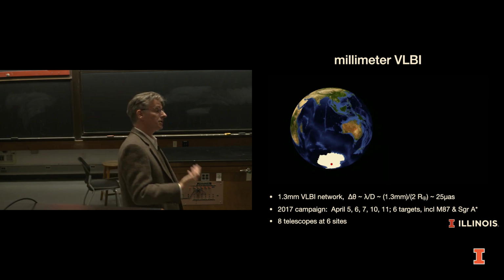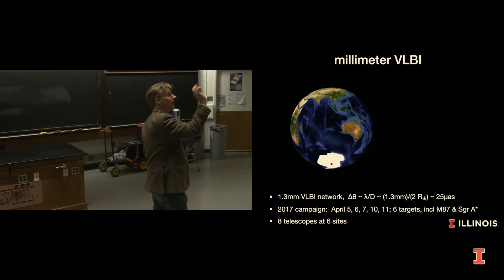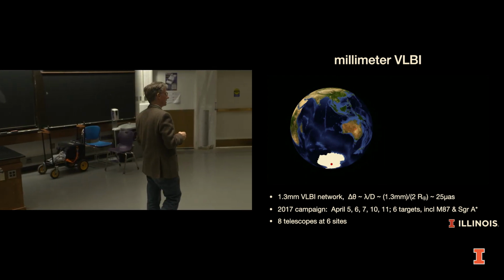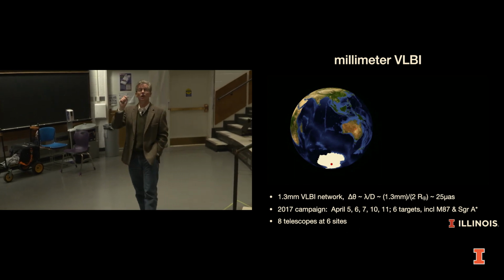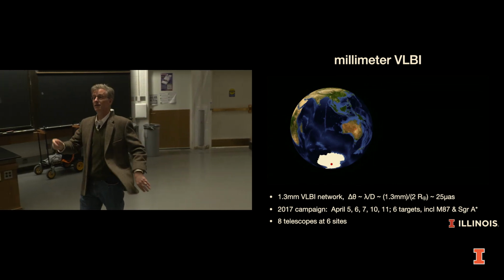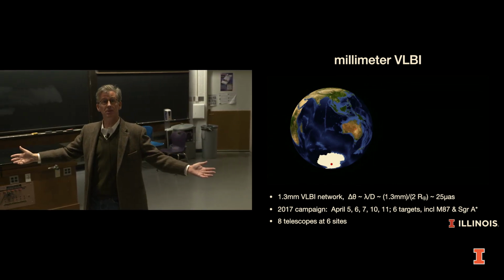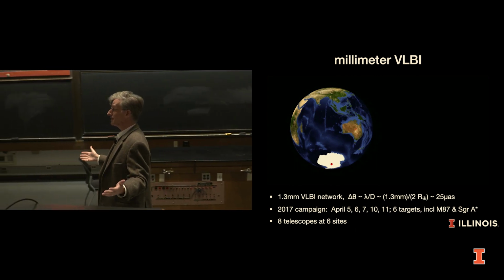Okay, so it turns out that the resolution that you can achieve, the angular resolution that you can achieve, is proportional to the wavelength of the radiation that you're observing at divided by the diameter of your instrument. And this is one reason why people like to build big telescopes.